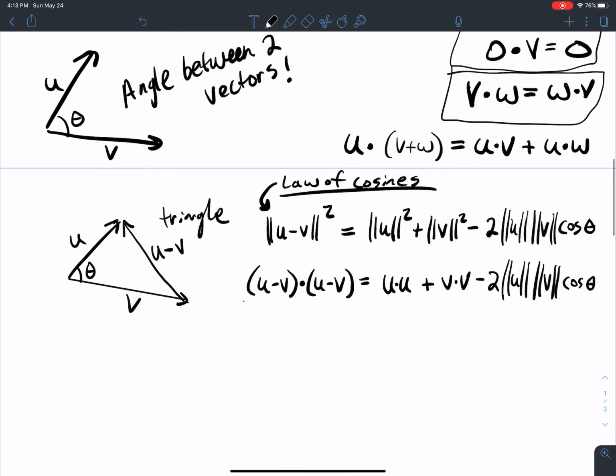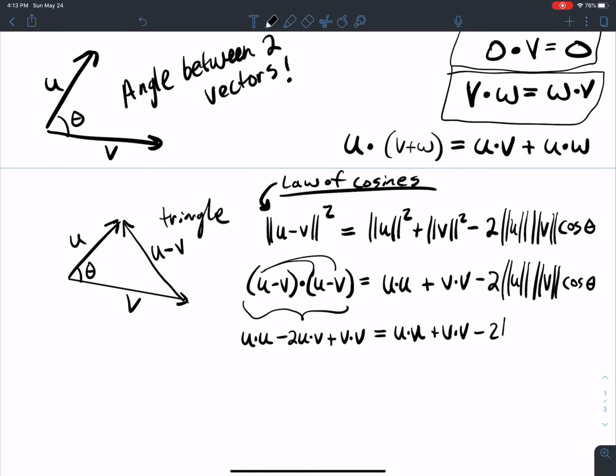Now this side, if I multiply it out, I get u dot u, and then minus 2 u dot v, and then plus v dot v. Equals u dot u plus v dot v minus 2 magnitude of u, magnitude of v, cosine theta.